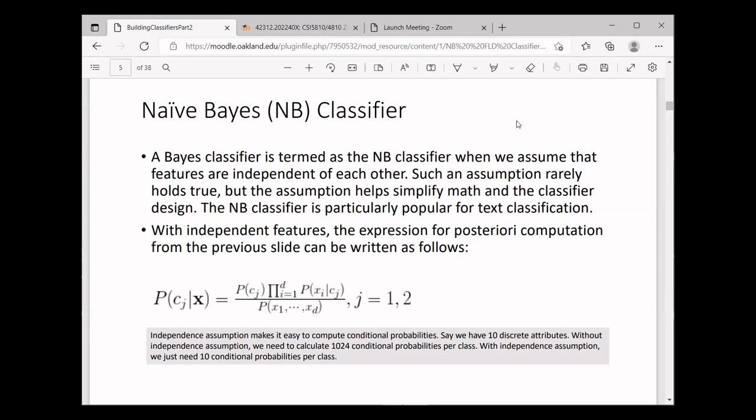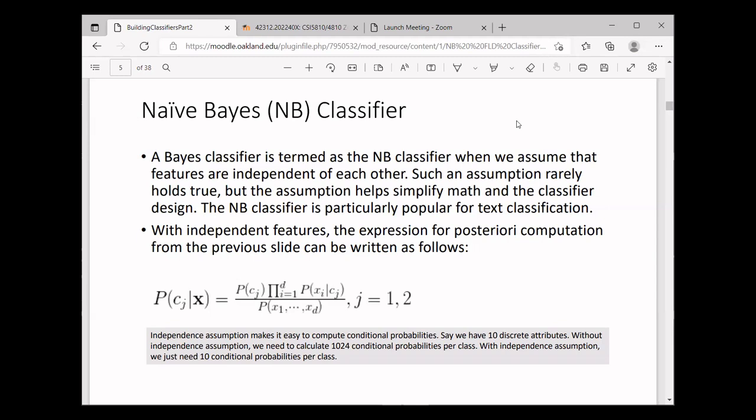And when you have to calculate 10 probabilities for class C1, if you have 1,000 examples or 500 examples, that's reasonably good enough. So by making this assumption, you are able to do two things. Number one, you reduce the requirement on the number of training examples. And number two, you work with fewer conditional probabilities than you would otherwise.